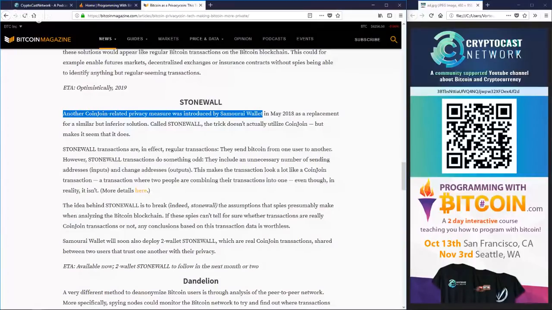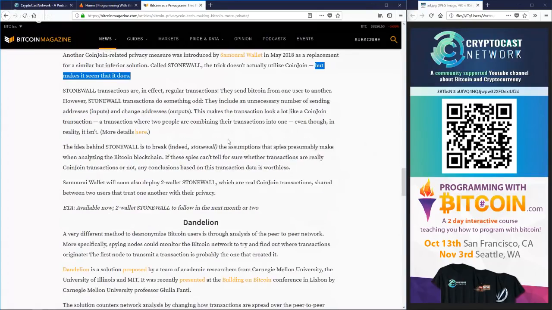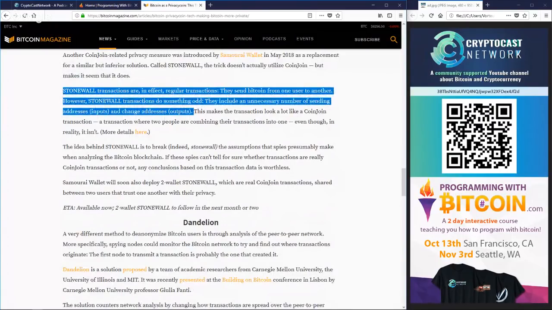They have an unusual amount of inputs and an unusual amount of outputs, which makes it seem as if it's a CoinJoin transaction. So an analytics company that's studying the blockchain might think it's a CoinJoin transaction. It's maybe not the biggest privacy enhancement possible, but the more you can sort of throw sand in the... how do you say this in English?